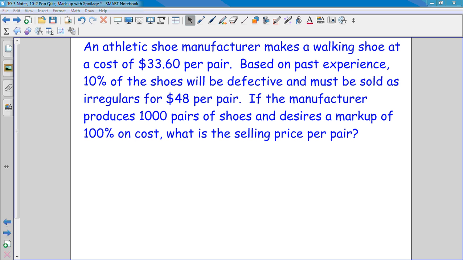Well, first thing we need to do is figure out how much money we need total. How much money do I need to get 100% markup on cost? $33.60.